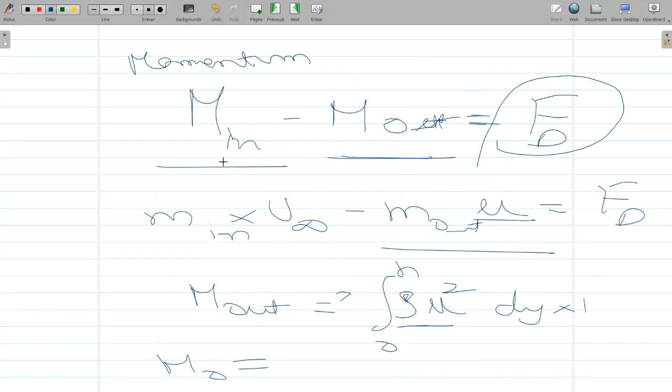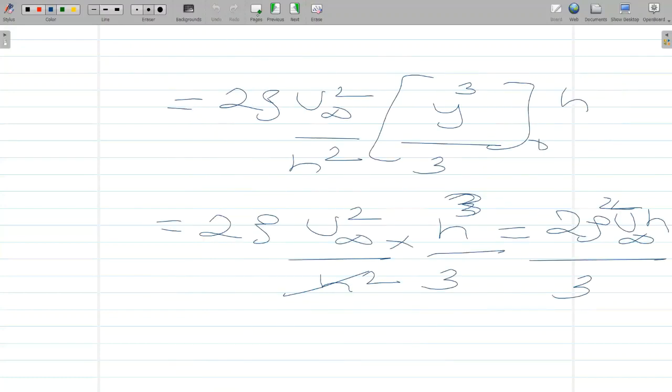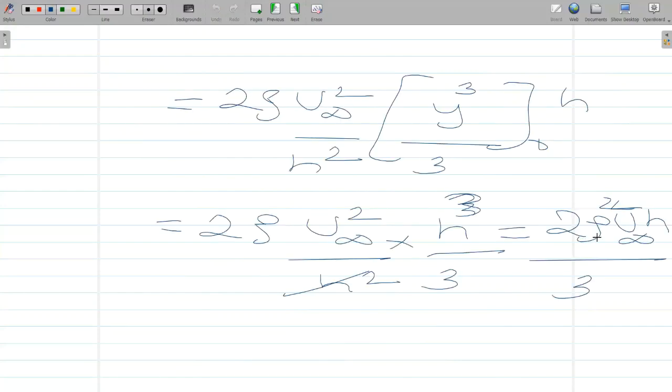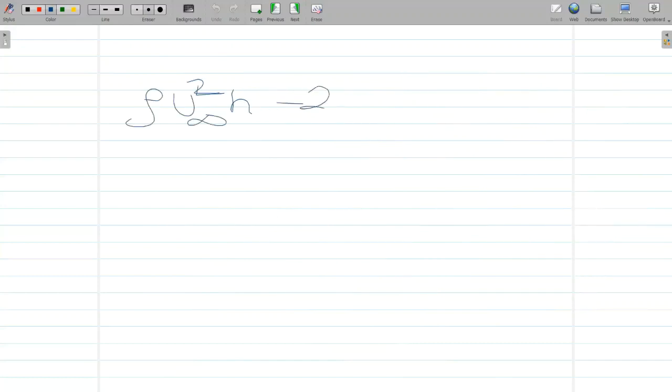So going back to our case, I got the net momentum that is going out, and the momentum that is coming in, and I need to take the difference between both. So let me do that. The momentum that is coming in is given by rho u infinity square h, and the momentum that is going out, which we found as 2 rho u infinity square h by 3.